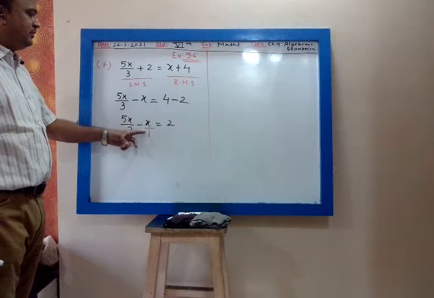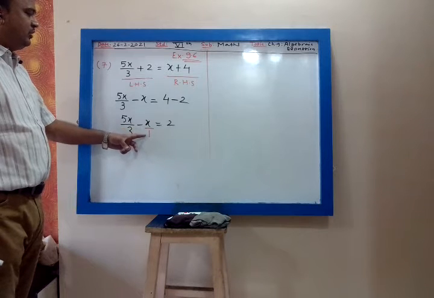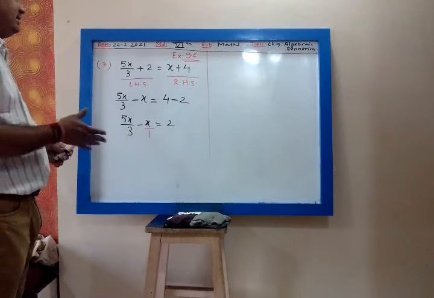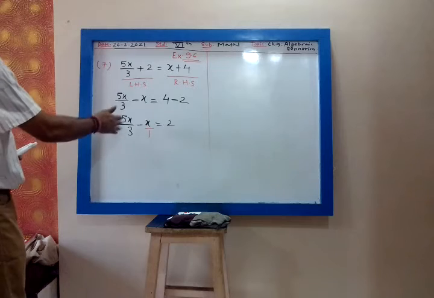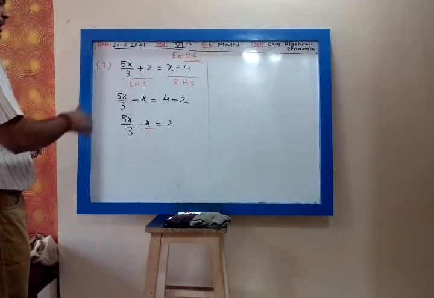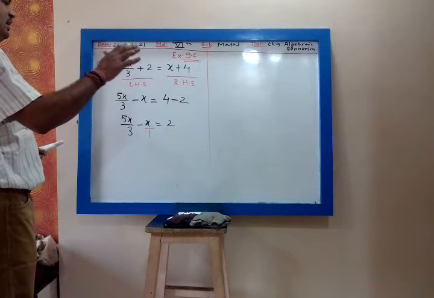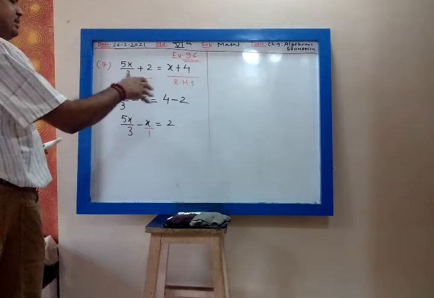To convert x into a fraction, we write in the denominator 1. So this becomes a fraction. Right hand side let it be 2.